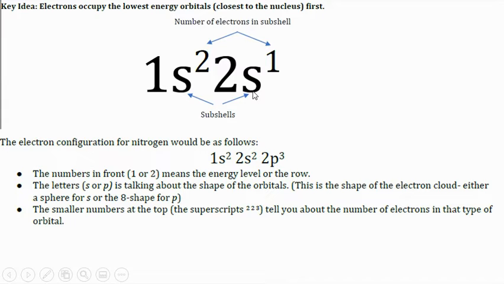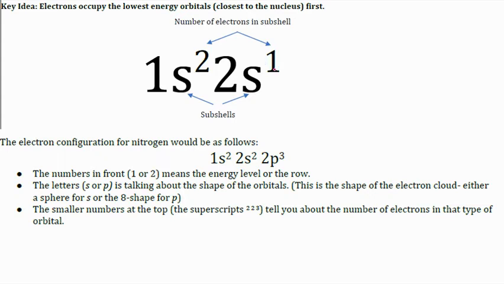So here, this is the electron configuration for what element? Lithium. Now, how did he figure that out? What you do is you look at these numbers. These numbers will tell you how many electrons there are.